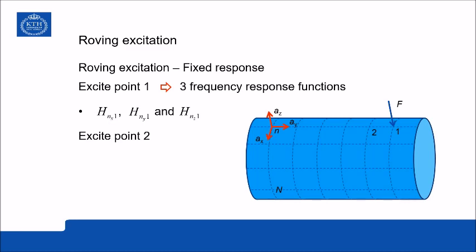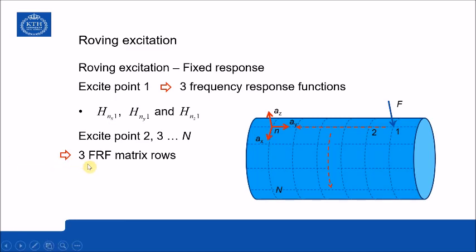If we excite point 2, then we obtain another set of 3 frequency response functions, but with a different excitation point now, of course. So when we have spanned all n excitation points, then we will have a set of 3 frequency response function rows in our frequency response function matrix.